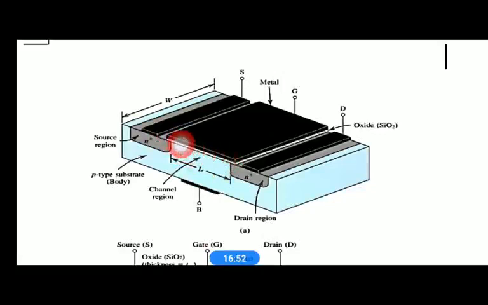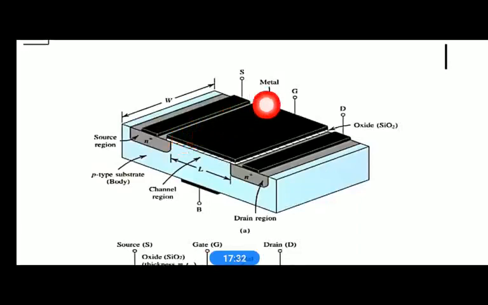This will be the total area, whereas COX is the capacitance per unit area, which is equal to epsilon OX, the permittivity of the silicon dioxide, divided by the thickness of this oxide, TOX. So COX is the capacitance per unit area.